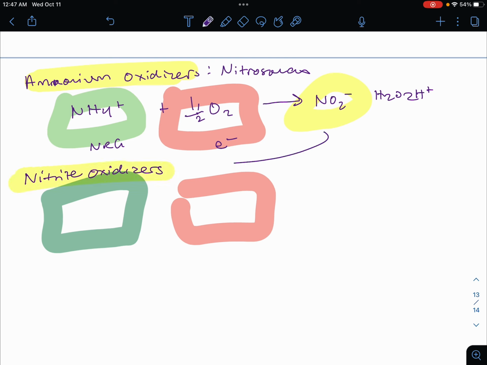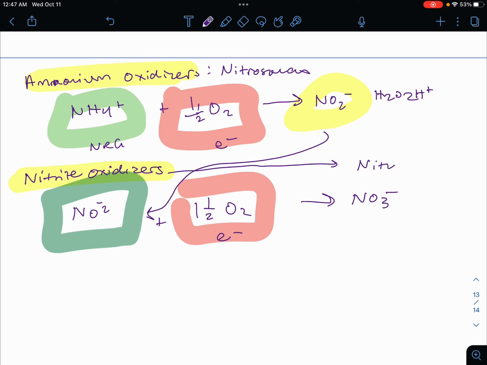NO2 minus will be the energy source, plus again 1 and 1/2 O2 as the electron acceptor will make NO3 minus as the product. Nitrite oxidizers include Nitrobacter or Nitrococcus. Those are just two genera of those.